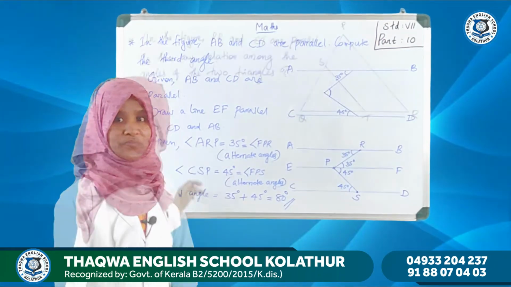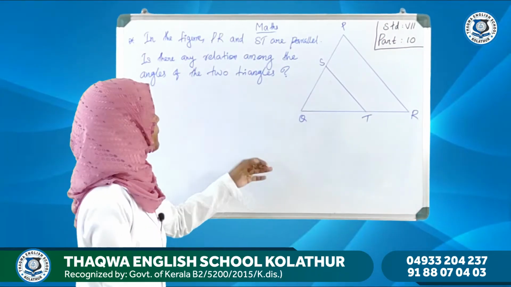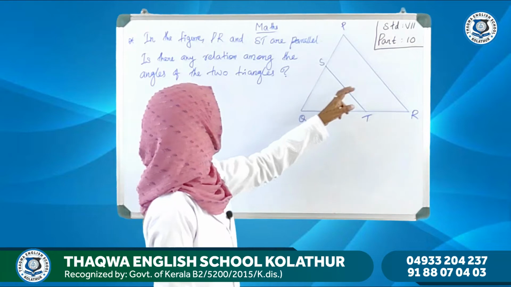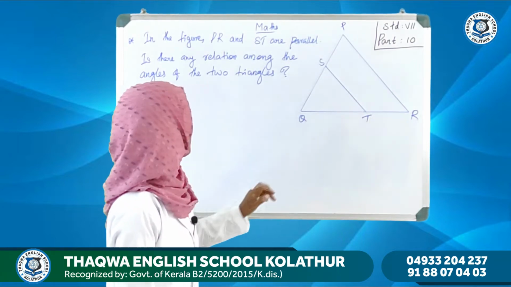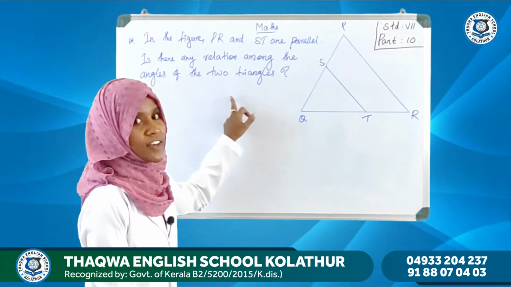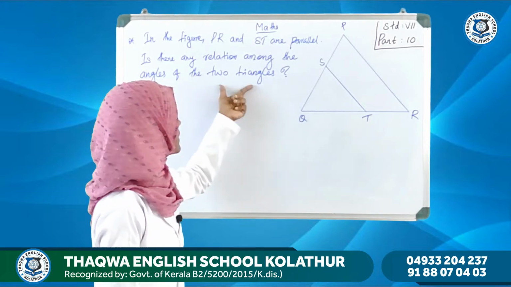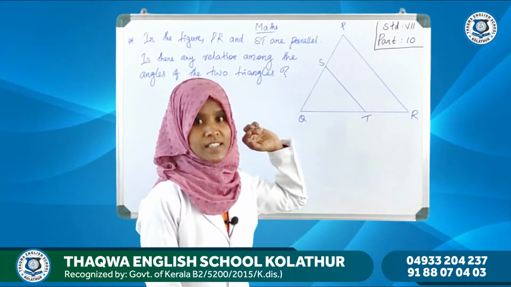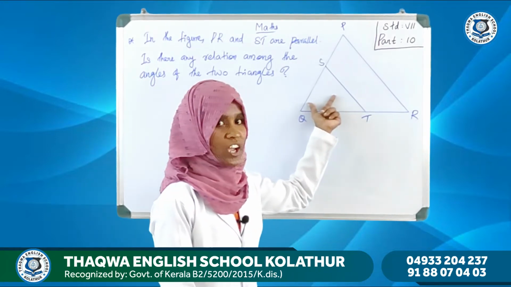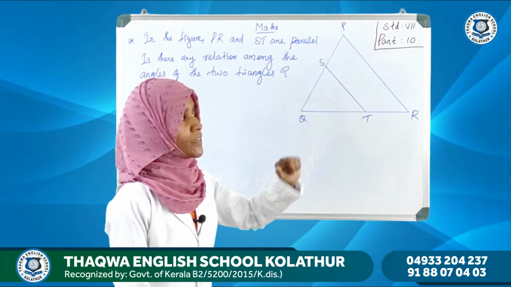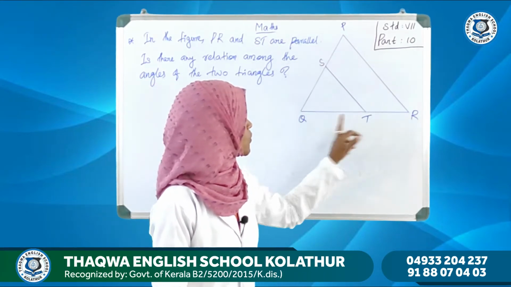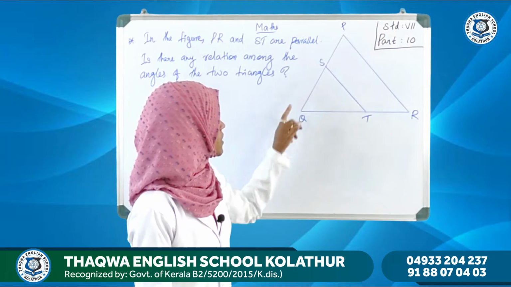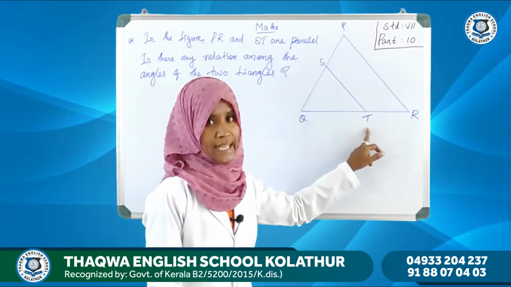Okay. Next question. In the figure, PR and ST are parallel. Is there any relation among the angles of two triangles? Okay. What are the triangles in this figure? Triangle PQR and triangle SQT.